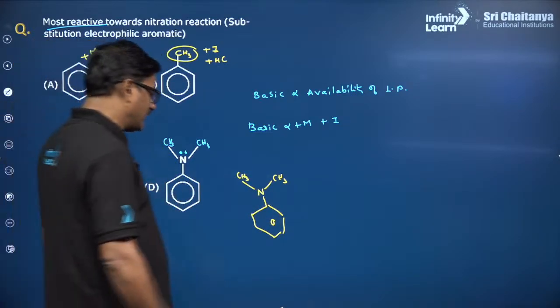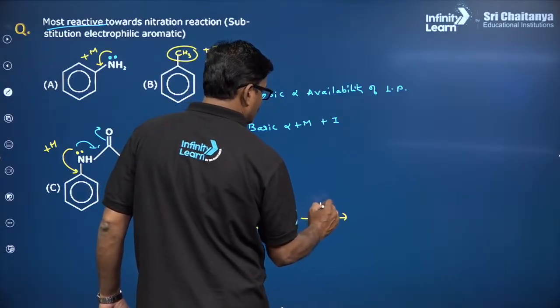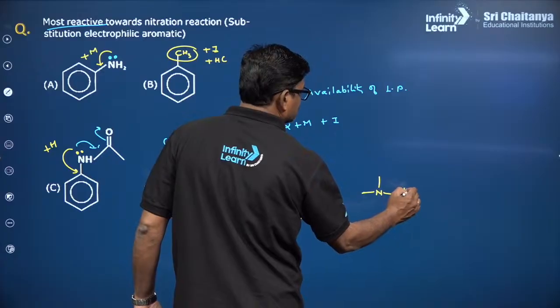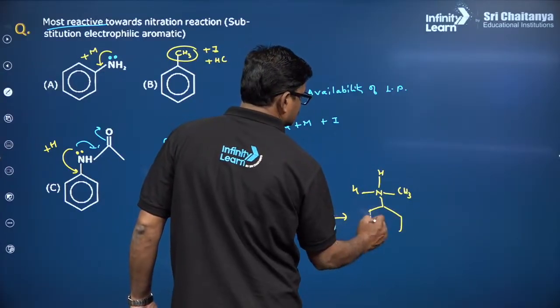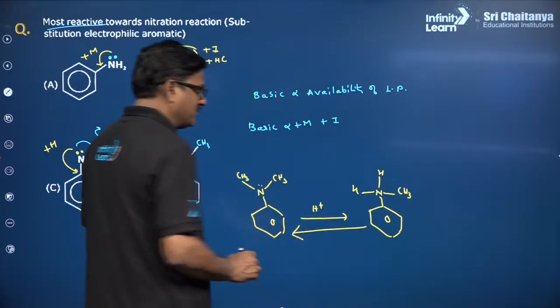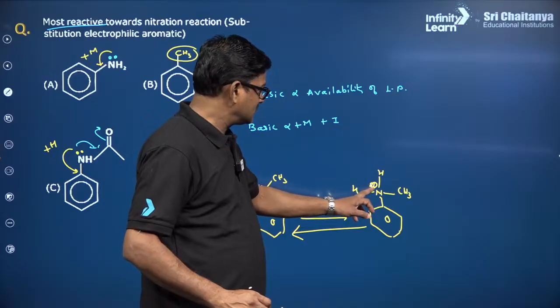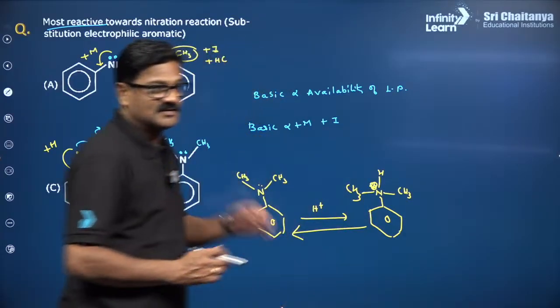If it is protonated, the equilibrium always tries to stay on the left side, because this is sterically hindered. This is sterically hindered, right? It is unstable.